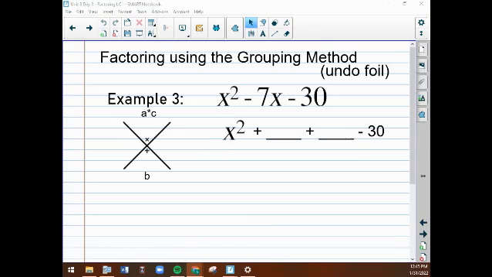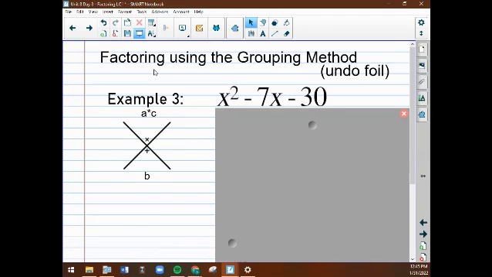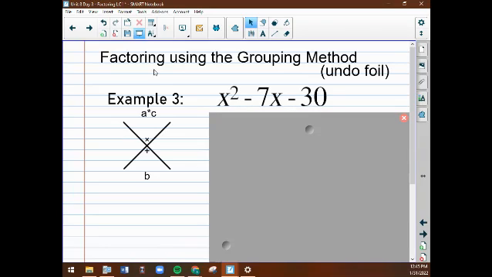So when factoring by grouping, I've got x squared minus 7x minus 30, and I want to factor. I'm going to use the grouping method. I'm going to start off the same way as the box method and play the x game. The top comes from doing a times c.